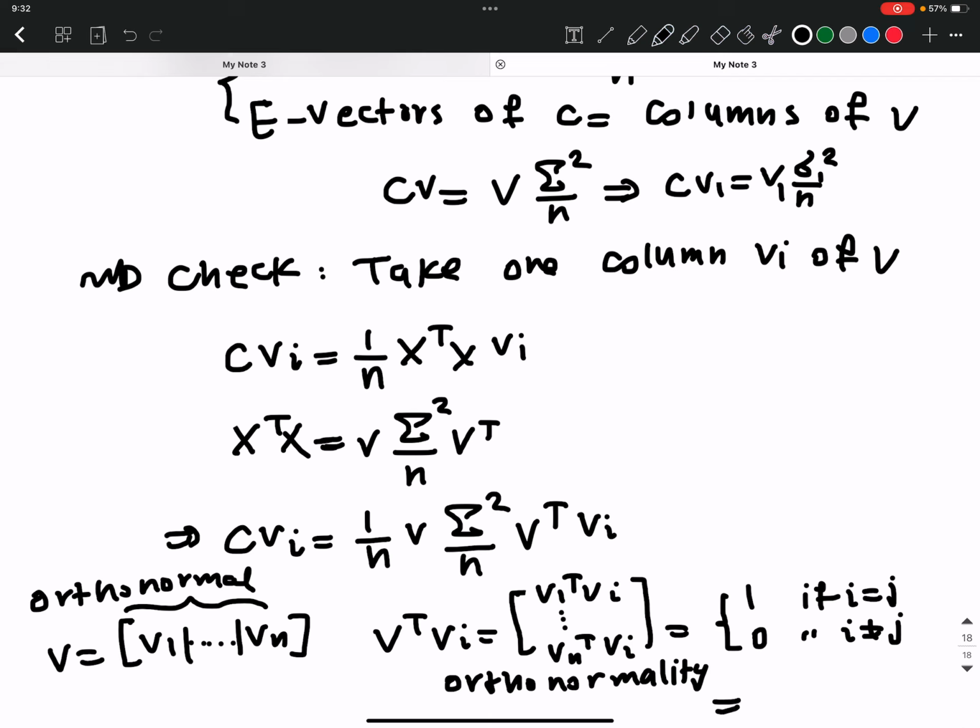This means that V^T times v_i is basically the ith column of the identity matrix, or e_i, which would be the ith column of the identity matrix.